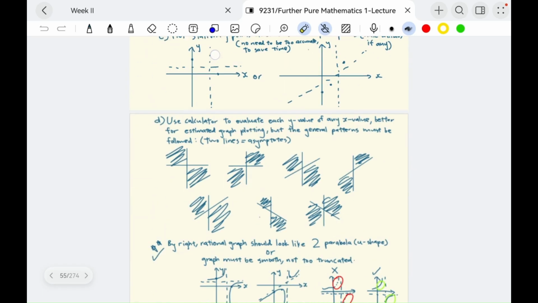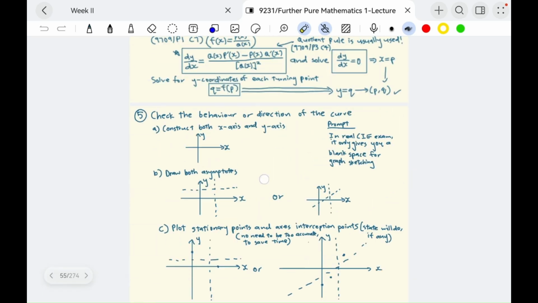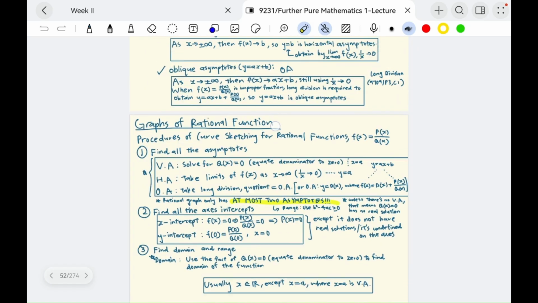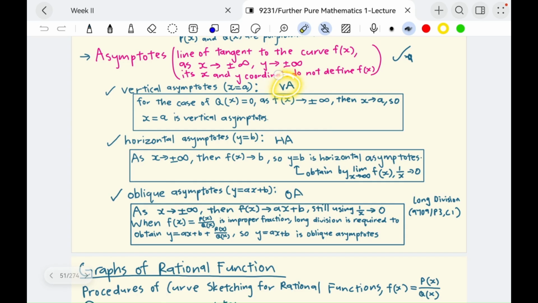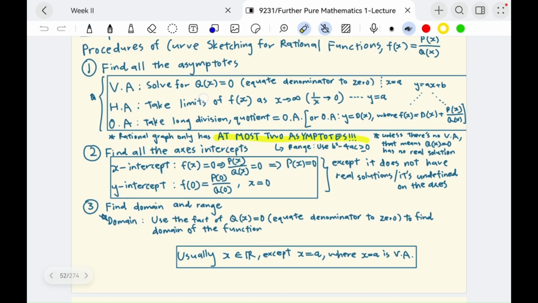Okay, another thing: there is a scenario where there is no VA. What if Q(x) equals 0 does not have a solution?